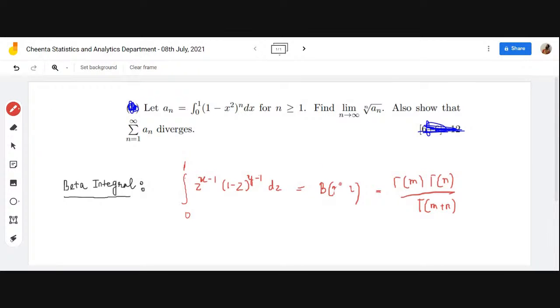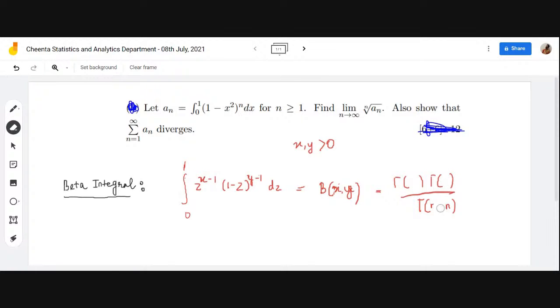Understand this, what are x and y? x and y are real numbers greater than 0.